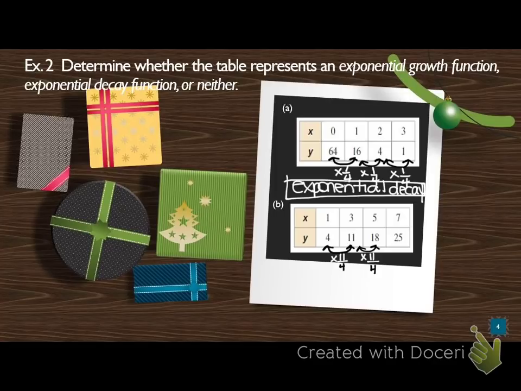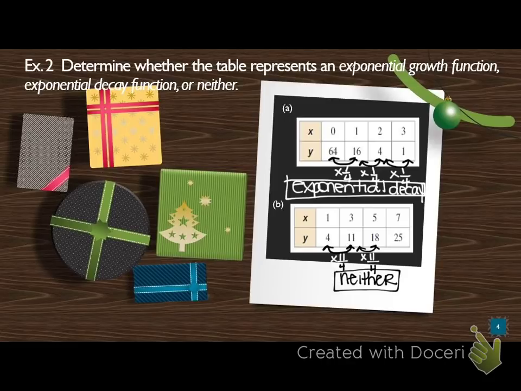So right here, I've discovered this is not exponential. It's possible that it's a linear function. What I do know is I'm asked to find if it's an exponential growth, exponential decay, or neither. So, since we know it's not exponential, we know it is neither, and that would be our final answer.